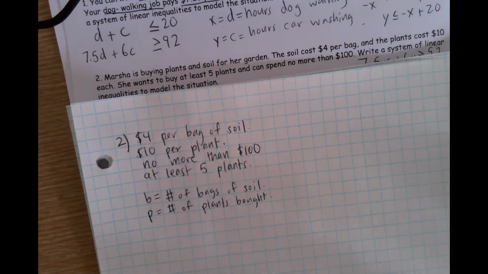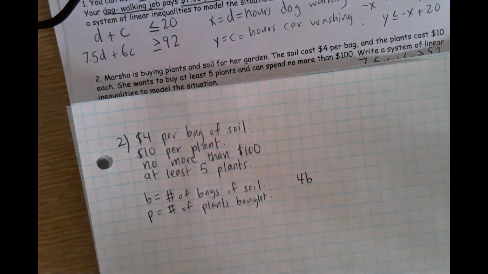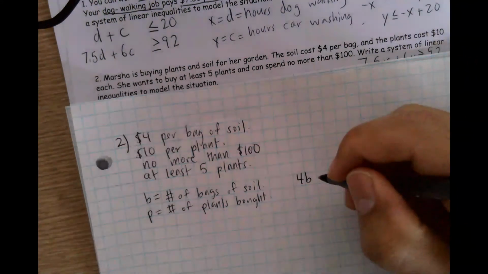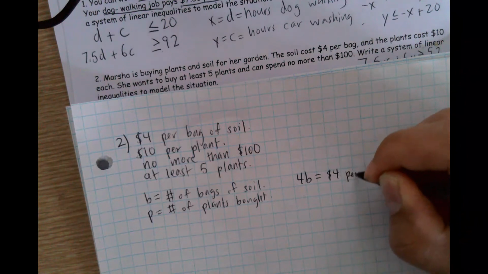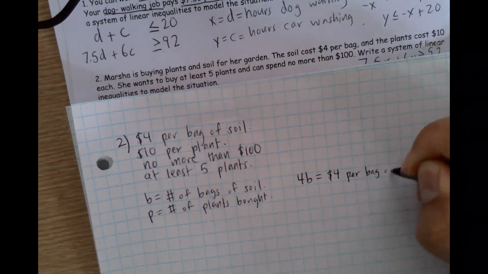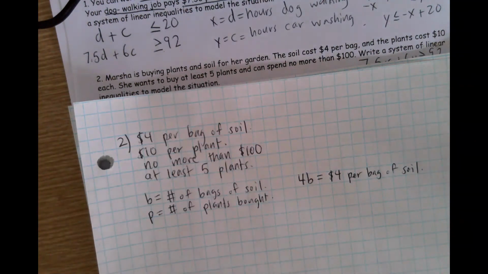So if you buy 4 bags, instead of B you put 4. Right, you're exactly right. So 4B describes how much money we spent on just soil, your bags of soil. Right, so 4B stands for $4 per bag of soil. For every bag of soil, it costs $4.